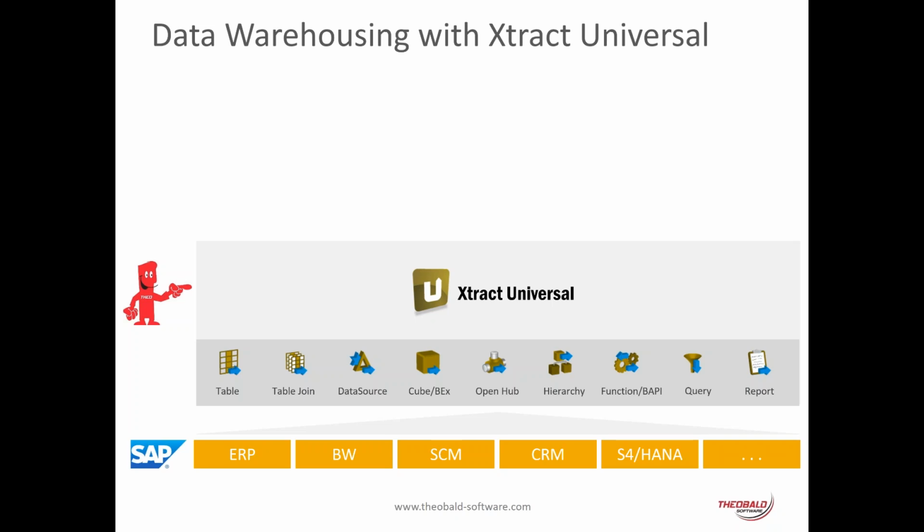We can also connect to any function or remote function module, as they're called, or BAPI in SAP. We also connect to SAP's own query. You might be using transaction SQ01 today in your ERP system. And we can also connect to your ABAP reports.